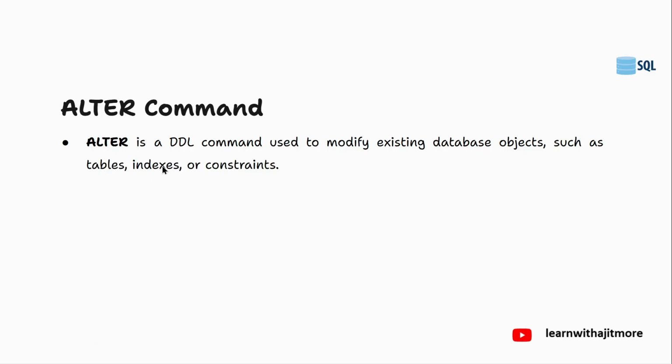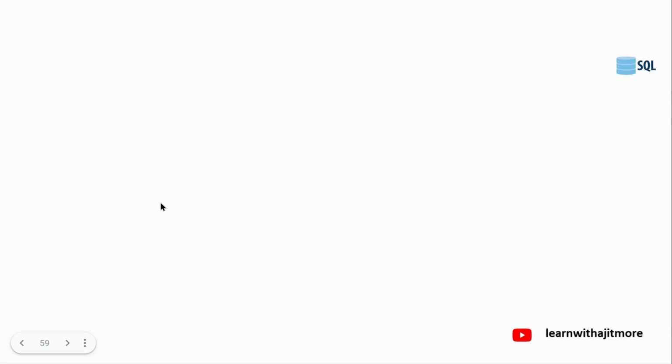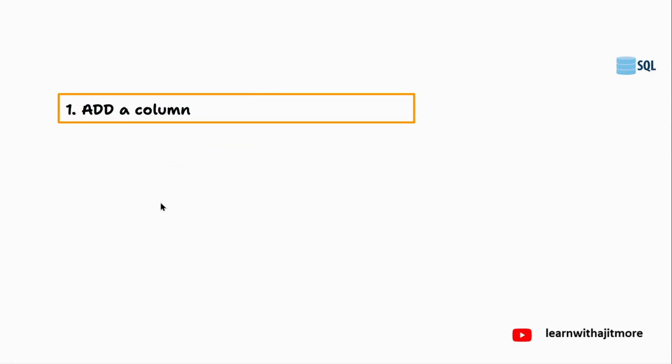For fast retrieval, you can add indexes. You can add constraints to it. You can remove the constraints. Yesterday, someone asked me, we have given that constraint of foreign key, so can we again remove it? Yes, you can do it. For that also, the alter command is needed. Okay. First thing that we will discuss using alter: adding a column.